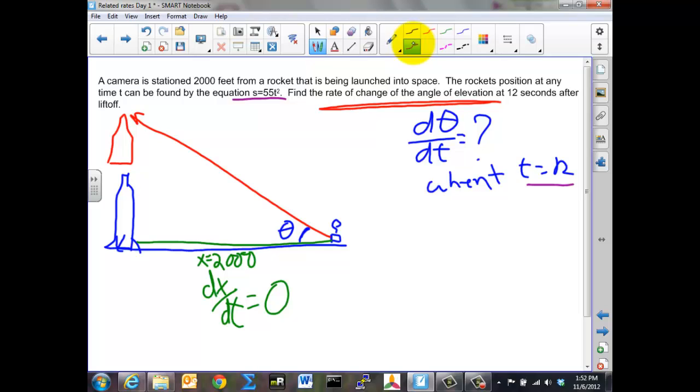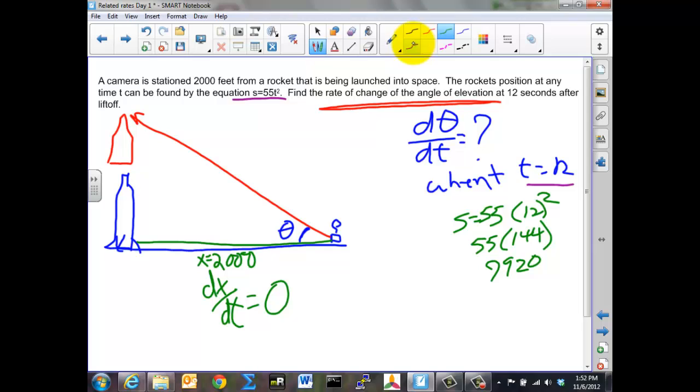You can find out what S is. When t is 12, then S equals 55 times 12 squared, 55 times 144, right? Somebody with a calculating device, tell us what that is. 7920, okay?